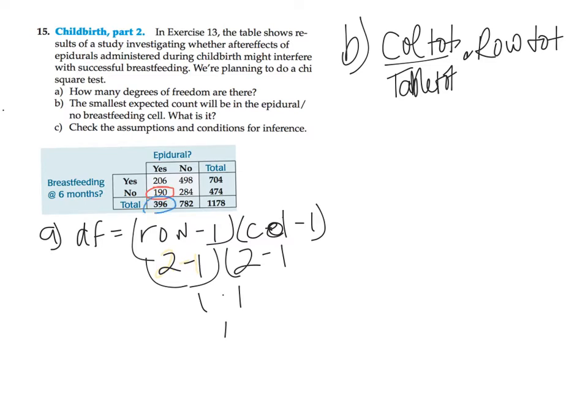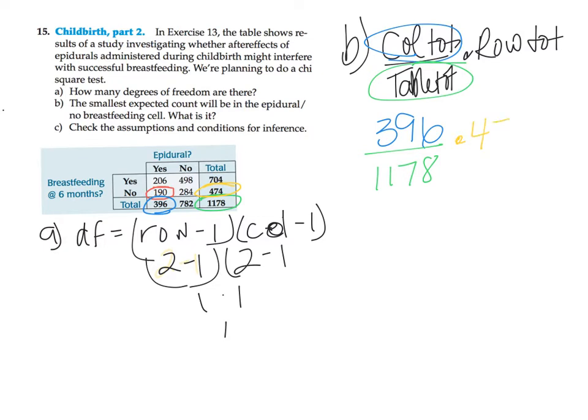Our column total, 396, over our table total, which is 1178, times our row total, which is 474. I put it in my calculator and I get 159.34.